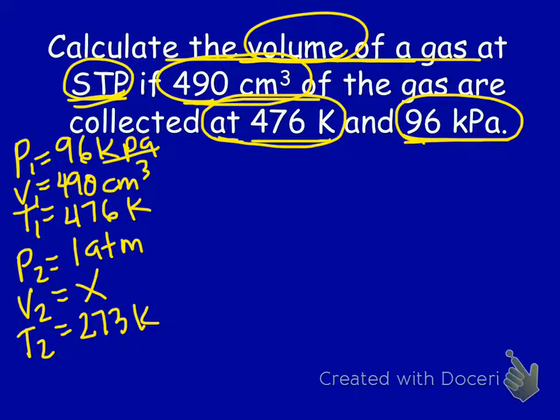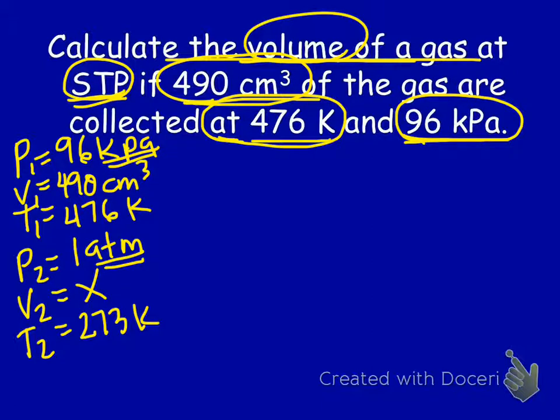But before we do that, we have to check that all of our units are the same, and they're not. For P2 we have 1 atm, but for P1 it's in kPa. So again we have to decide: do I convert everything into atm or into kPa? Look at the first slide of your notes. It says 1 atm equals 760 torr equals 760 mmHg equals 101 kPa.